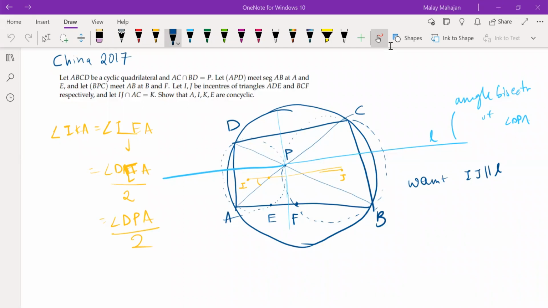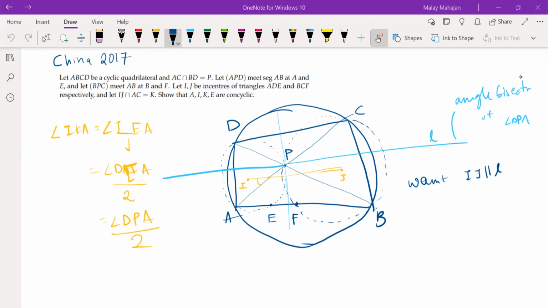So you're saying EI cap L should be AD. Yeah, like EI, AD, and L. Okay, it's actually not, but yeah, exactly. So that's the next step.